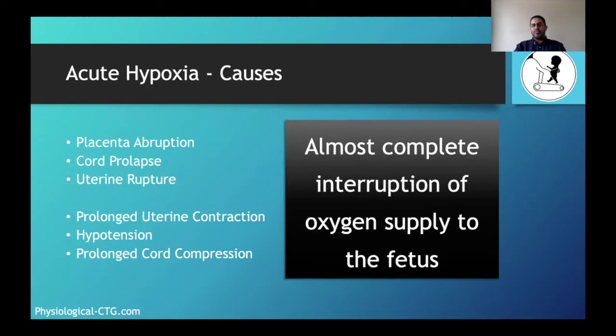Okay, so basically the baby can consume most of its oxygen within about, can anyone do the maths? 60 beats, yeah, 0.5 minute. So in 0.5 minute, if you stop the oxygen supply, the baby can literally consume the entire oxygen content of its blood within 0.5 minute, okay?